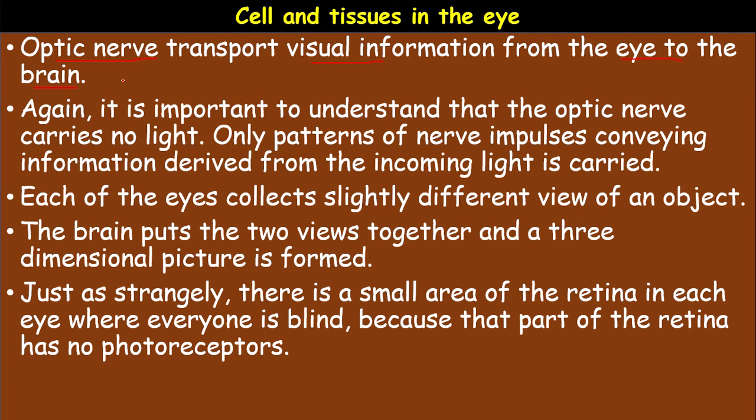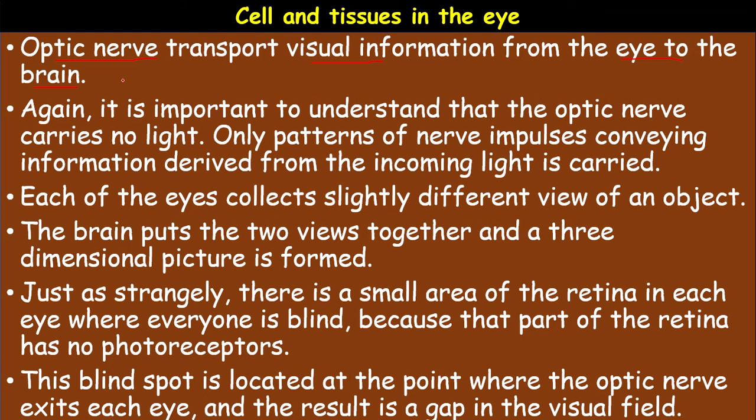Okay. So, just as strangely, there is a small area of the retina in each eye where everyone is blind, because that part of the retina has no photoreceptors, no rods, no cones. So, that is why it is also called the blind spot. Okay.